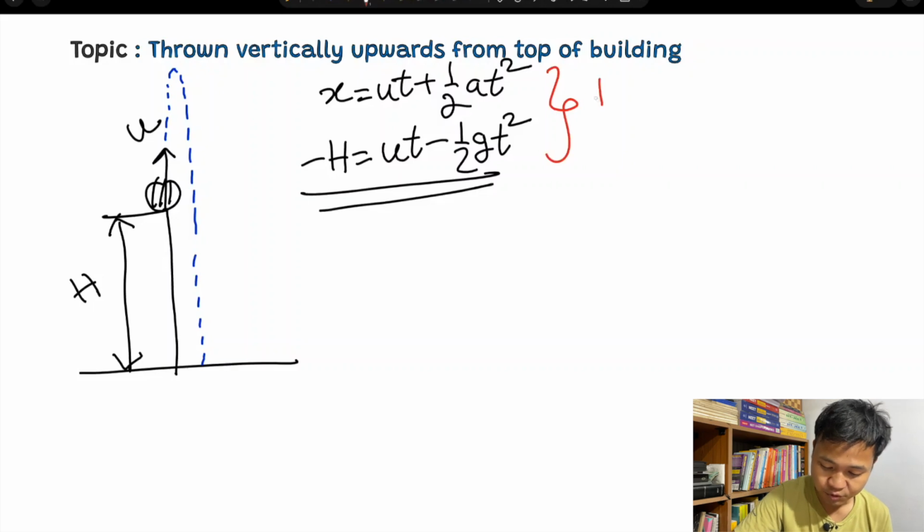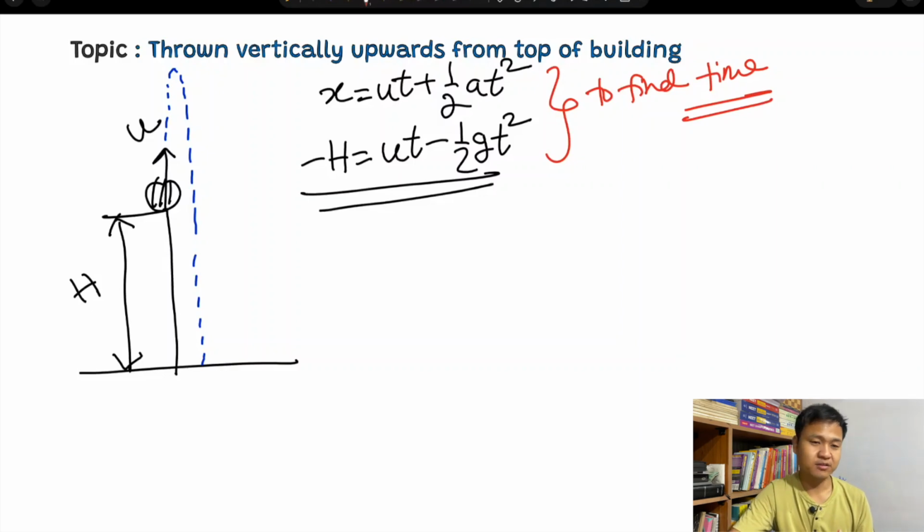To find the time to reach the ground, you have to apply this formula.